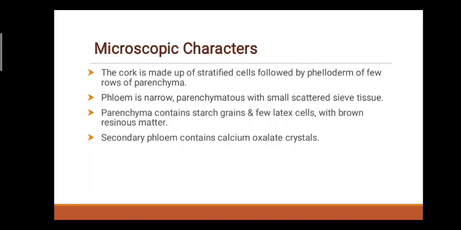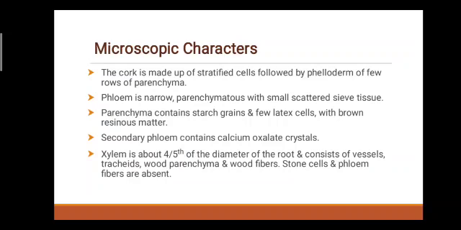Secondary phloem contains calcium oxalate crystals. Xylem is about 4 to 5th of the diameter of the root and consists of vessels, tracheids, wood parenchyma and wood fibers. Stone cells and phloem fibers are absent.